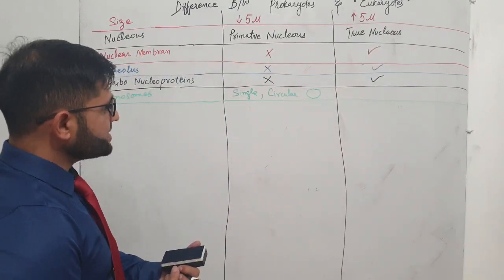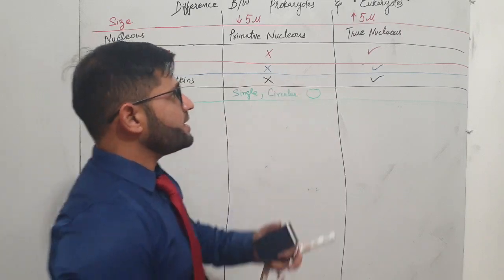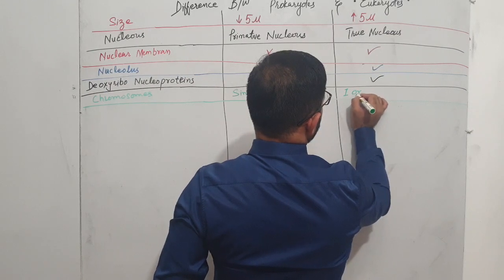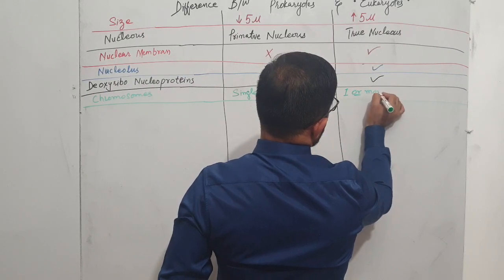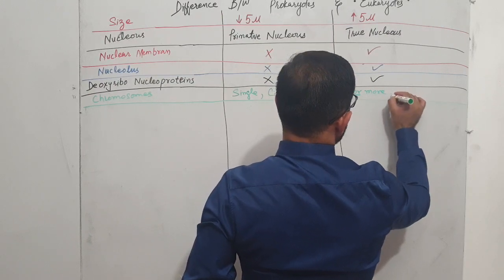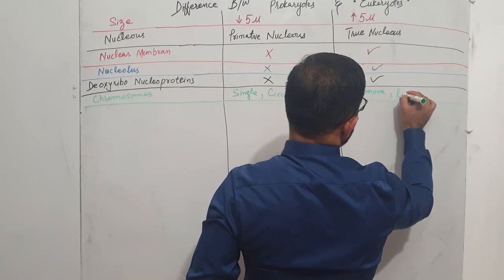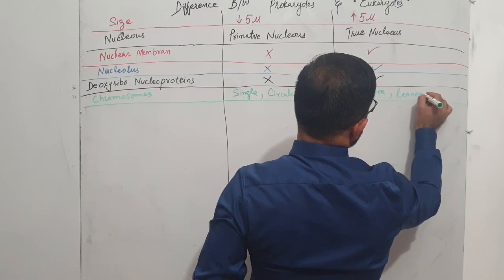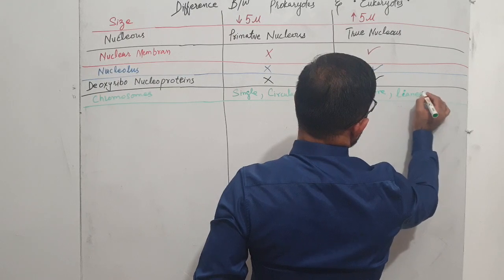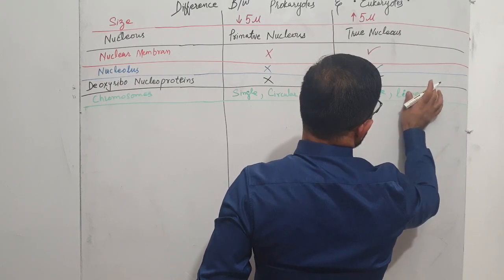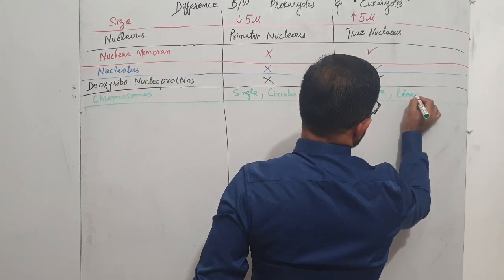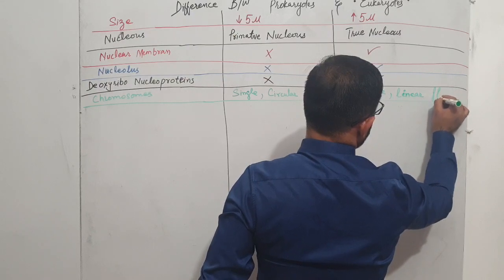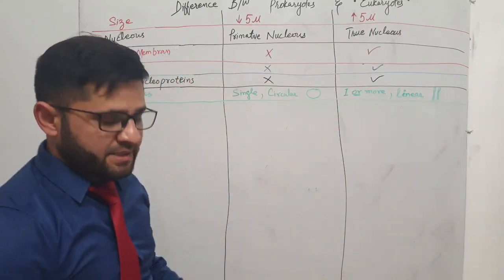It is single and circular, while the chromosome present in the eukaryote is one or more than one, and the chromosomes will be linear type. Linear means such type of chromosomes will be carried by the nucleus of eukaryotic cells.